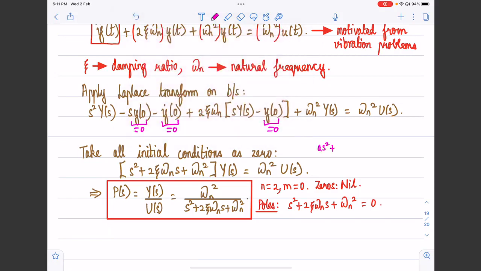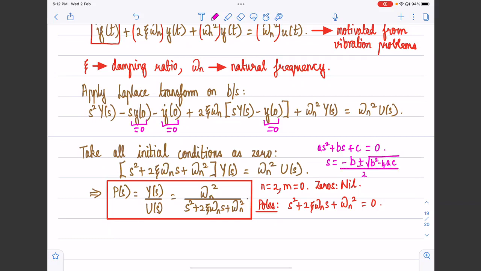Or quadratic polynomials. If I have in general a quadratic polynomial of this form, a s squared plus b s plus c, and I want to calculate its roots, I solve the equation a s squared plus b s plus c equal to 0. The roots of this equation are minus b plus or minus square root of b squared minus 4ac, divided by 2a.